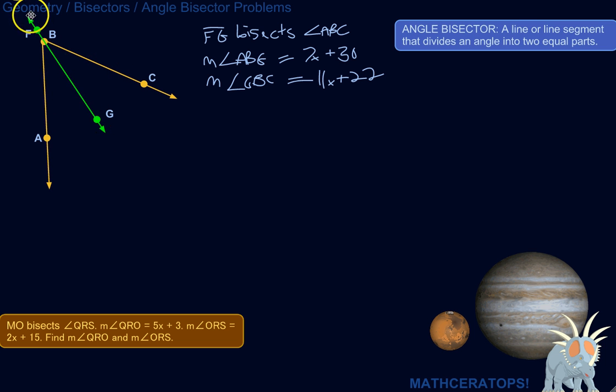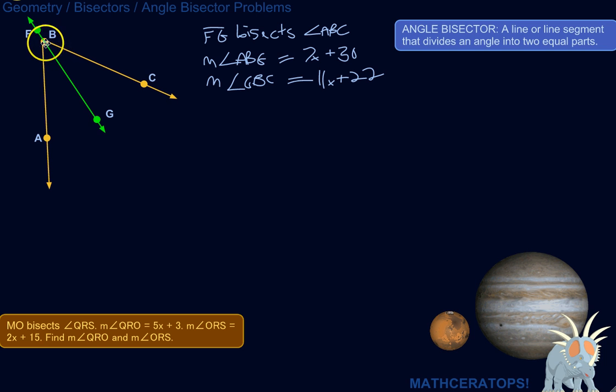For example, this line segment here, FG, looks like a bisector just from looking at it, but you can't assume just from looking at it. But here, I'm telling you that FG bisects angle ABC, so it truly is a bisector.